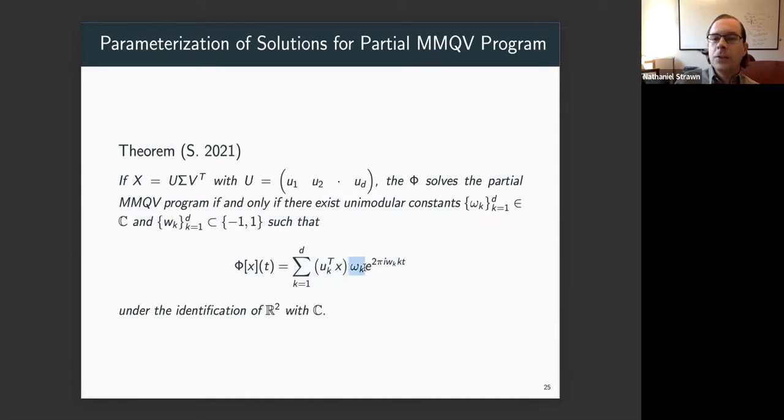I'm allowed to spin using these unimodular constants. And then I have to multiply by some trigonometric polynomial component, where I also get to choose the sign, right? This can either be -1 or 1. I get to choose that. And you'll notice that this is complex, but I'm getting a map to R2 by just identifying R2 with C in the standard way.